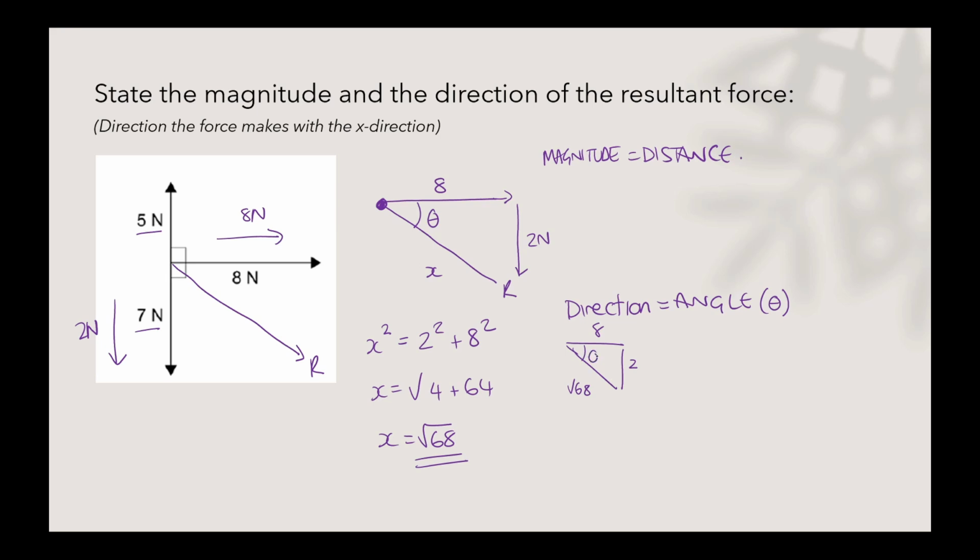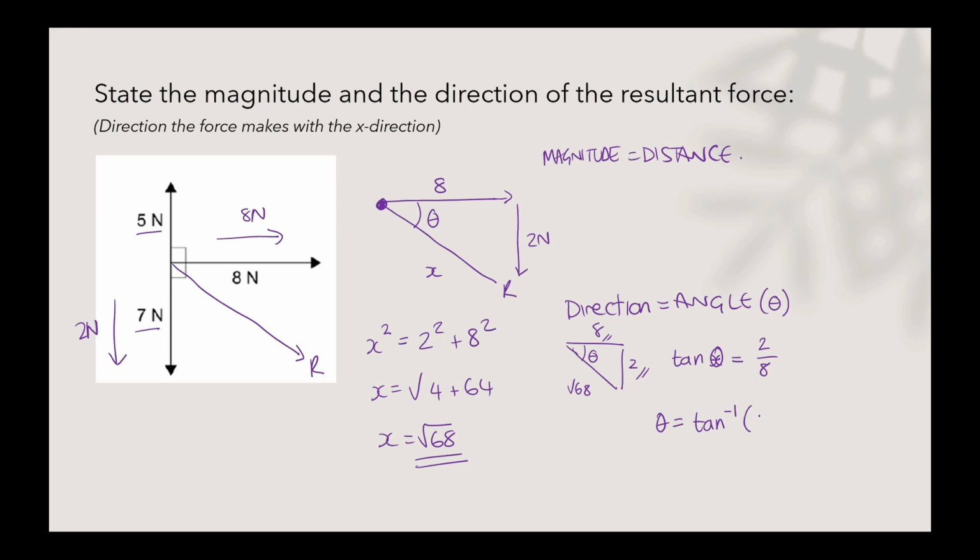Whichever trig ratio you want to use, I'm still always going to go for the original resultant values. So I've got 8 and 2. So I'm going to be using tan theta equals 2 over 8. So theta is going to equal the inverse of tan of a quarter.